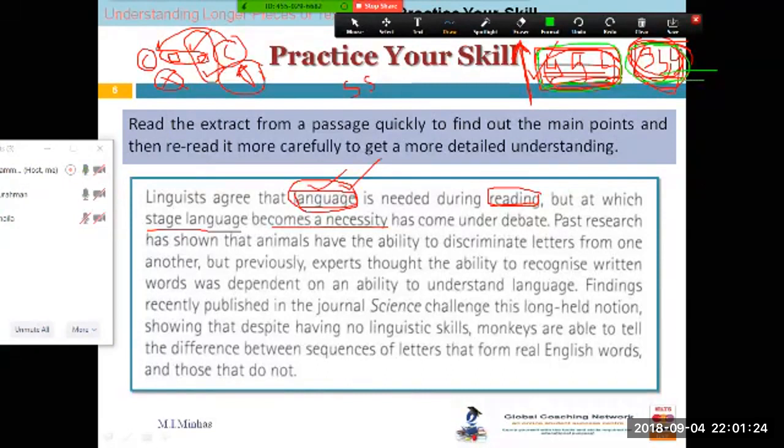But if you want to know the meaning, only then that is the stage, or that is the point where you would require to know the language. So different people have different views about at what stage or at what point language becomes a necessity. Now, is that clear to you guys?